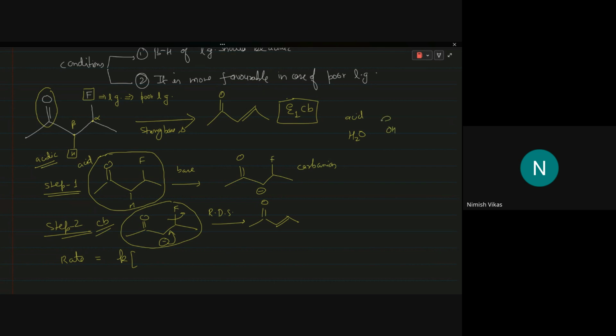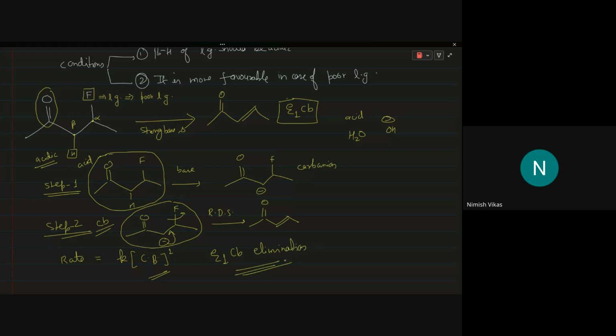OH minus. Similarly, if you remove this acidic hydrogen, you will get a conjugate base. So the rate of this reaction is simply equal to the conjugate base concentration raised to the power 1. That is why the reaction is known as E1CB elimination.